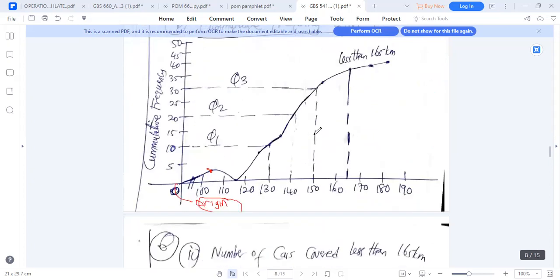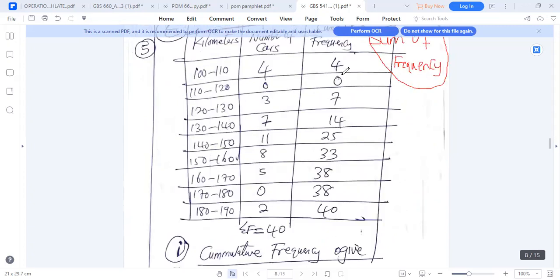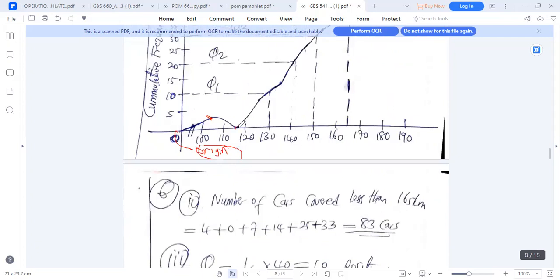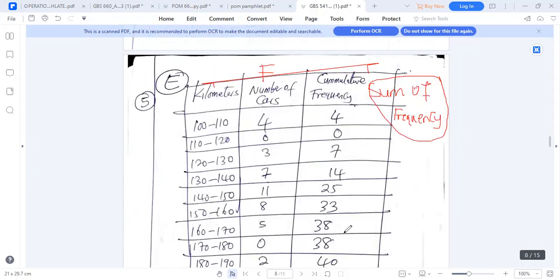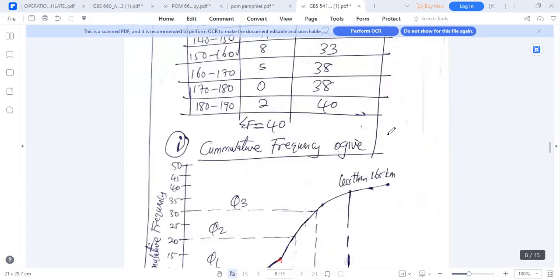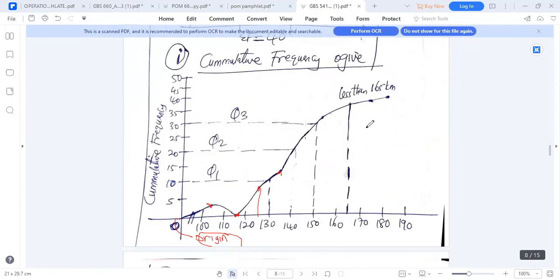This one was coming down to 0, here at the mid-point. We are graphing using the cumulative frequency. So this is the ogive, using the cumulative frequency.